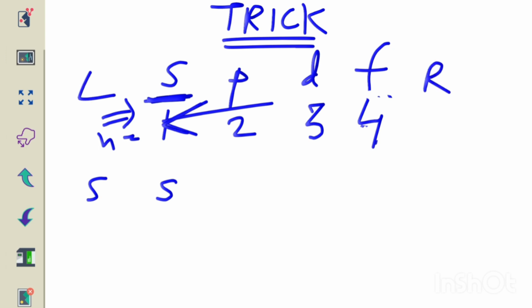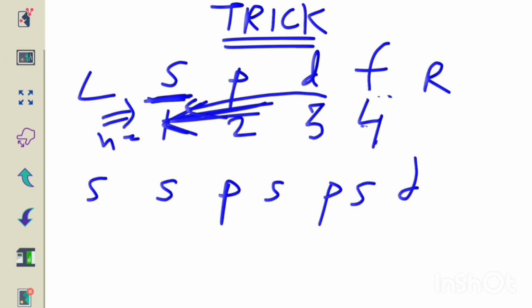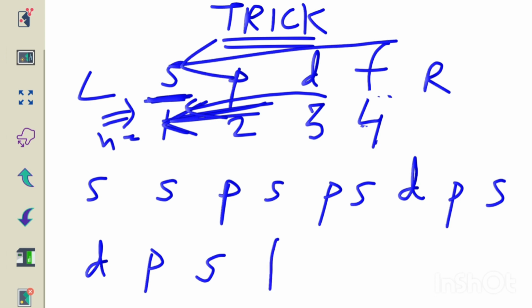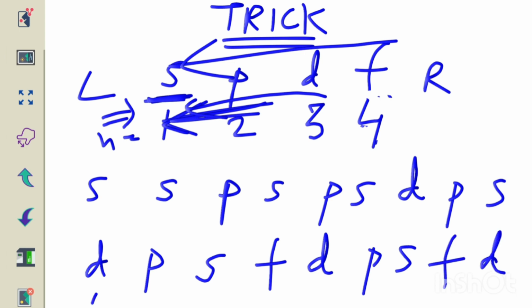Now you will write 2 times P, S, P, S. Now write 2 times D, P, S, D, P, S, again D, P, S. Now write 2 times F, D, P, S and again F, D, P, S.